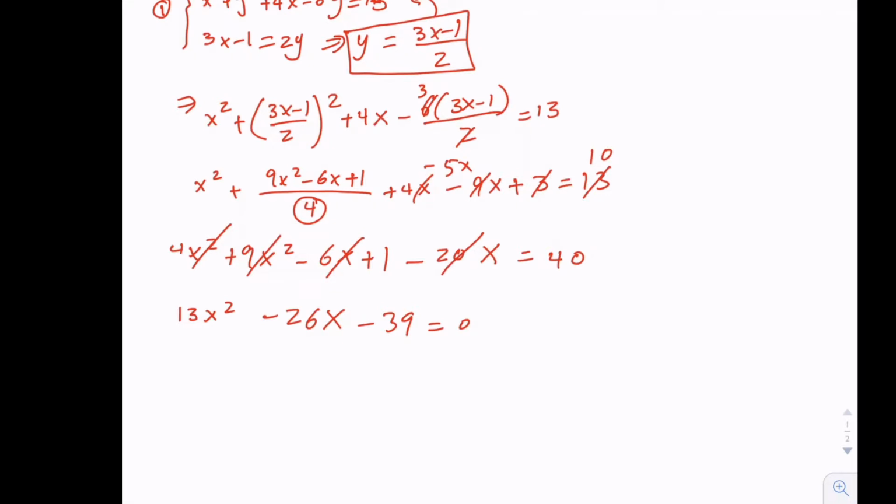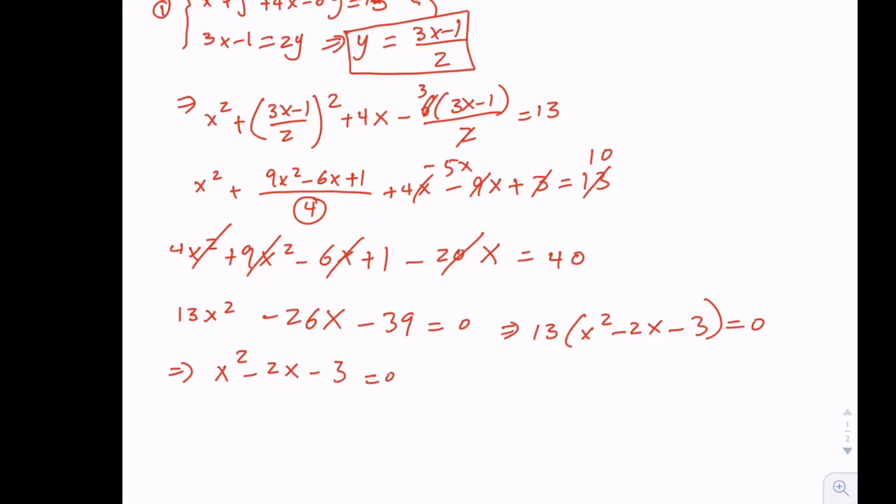Right. And then we can see that if we factor out 13, we get x squared minus 2x minus 3 equals 0. So therefore the equation simplifies to x squared minus 2x minus 3 equals 0.